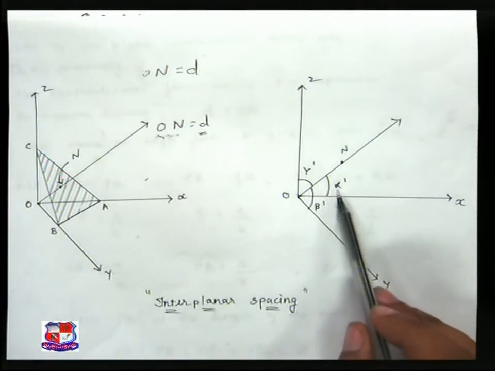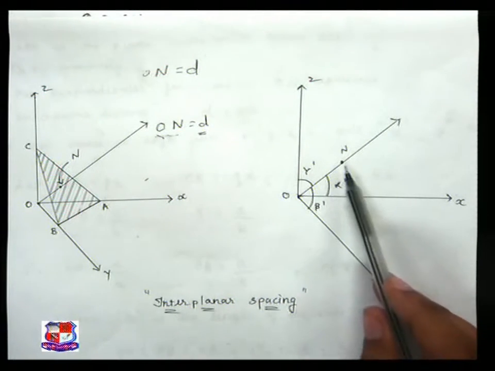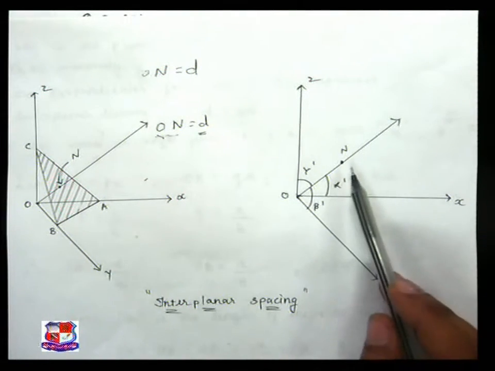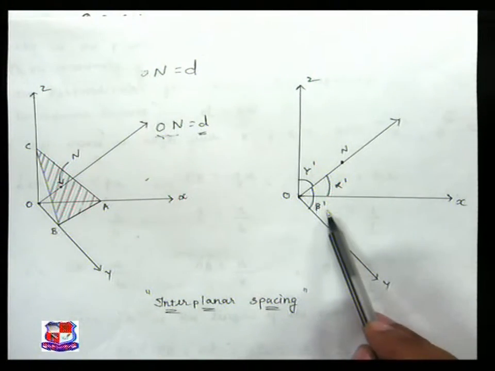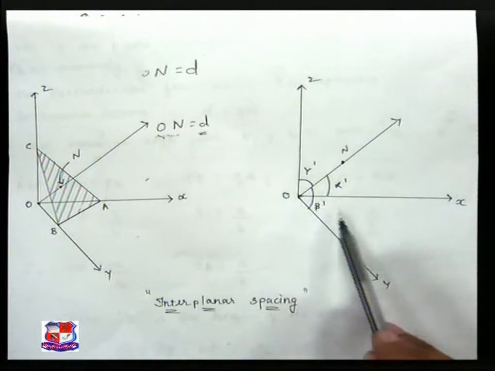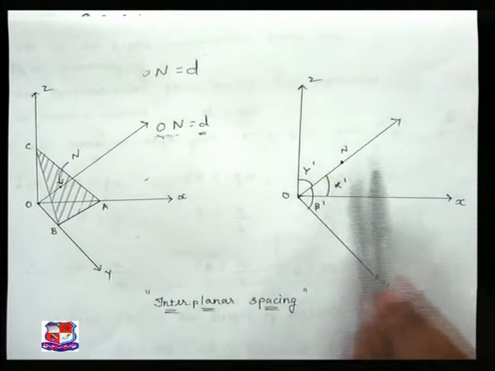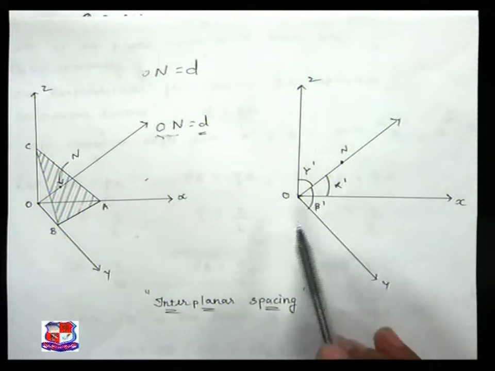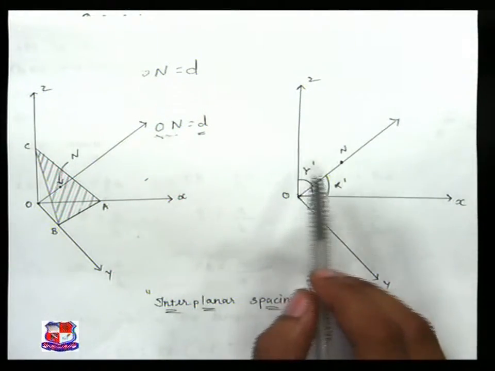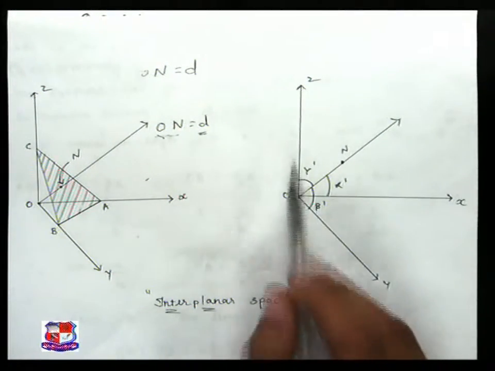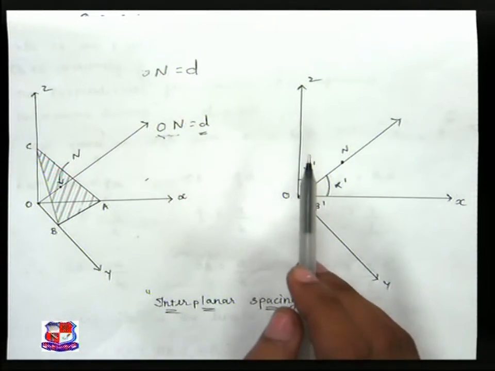Here alpha is the angle made by this perpendicular with the x axis, beta is the angle with the y axis, and gamma is the angle with the z axis.